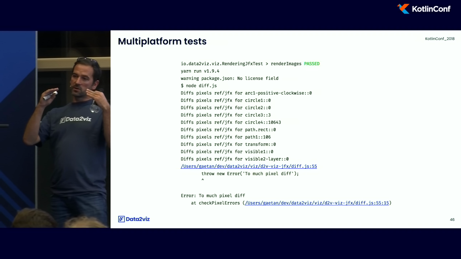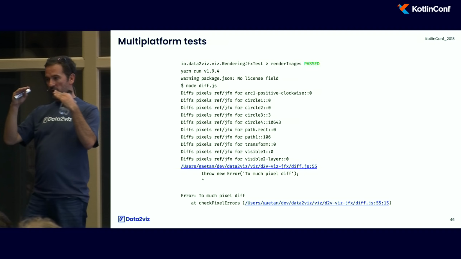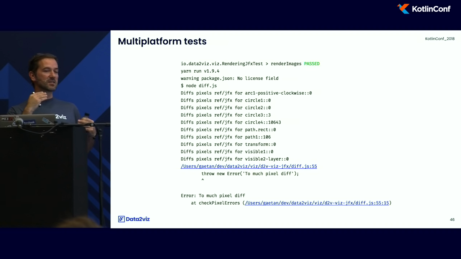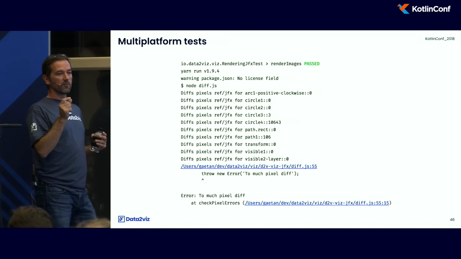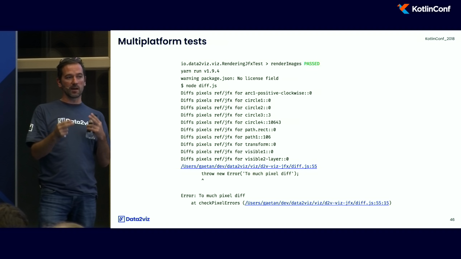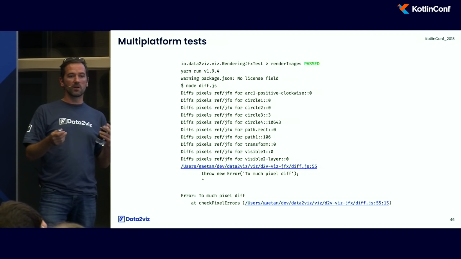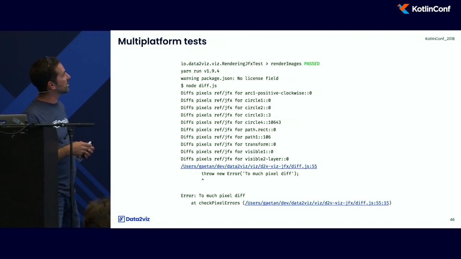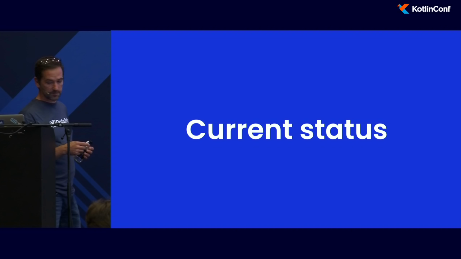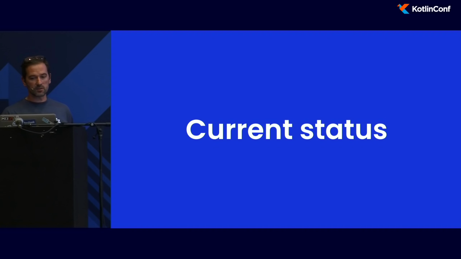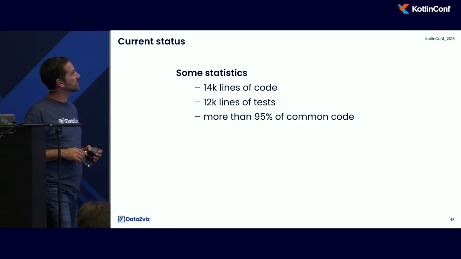We just have to give a threshold where the test is failing, because we have some minor differences because of the anti-aliasing system, which is different on each platform. So that is what happens if the test fails because of this image.